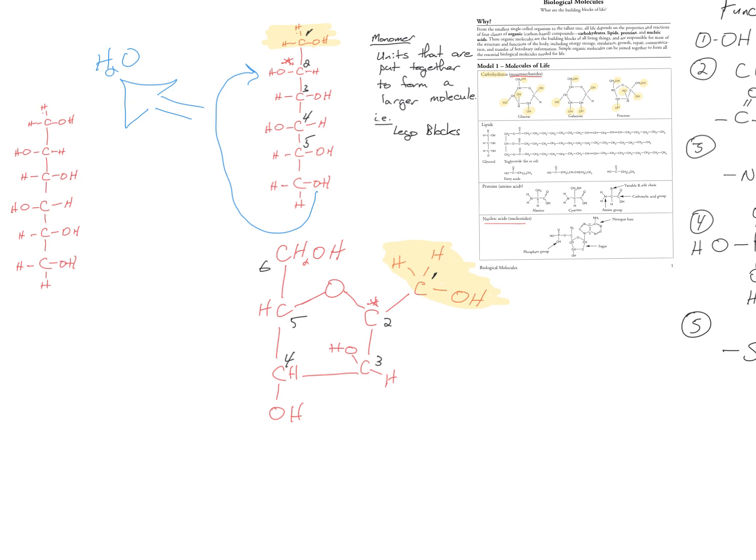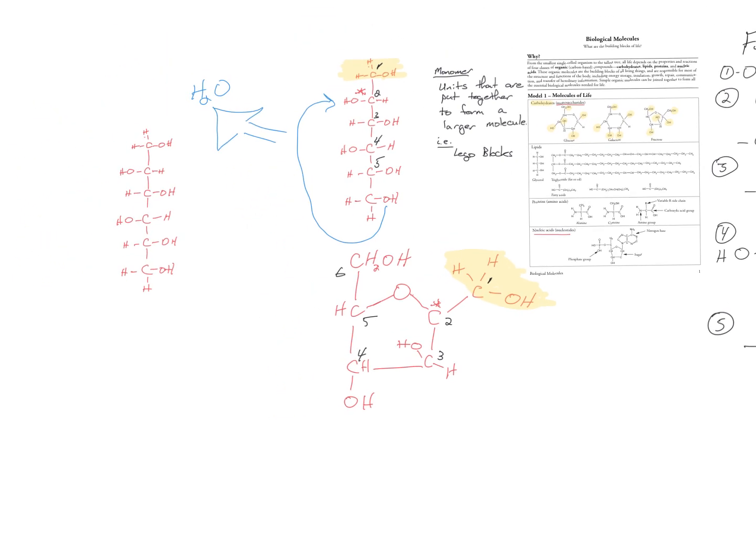So each carbon in the chain, depending on how you close the chain this way, gives you a 5-sided sugar with 1 carbon and OH group sticking up here, 1 carbon OH group sticking up here.